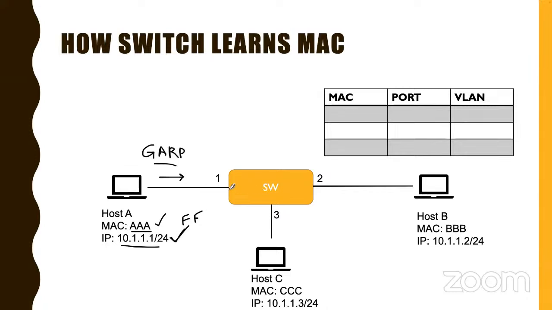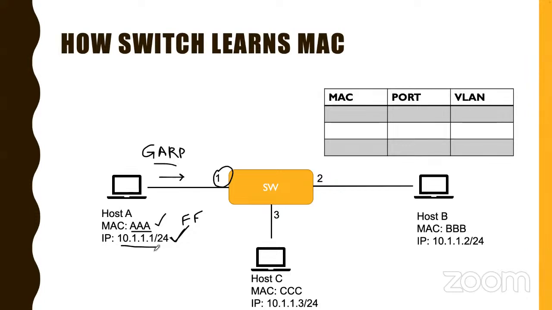What will the switch do? The switch will learn its MAC address on port number 1. This GR packet is to check the duplicacy of this IP address, whether anybody else has it. GARP is Gratuitous ARP. It checks the duplicacy of the IP address.